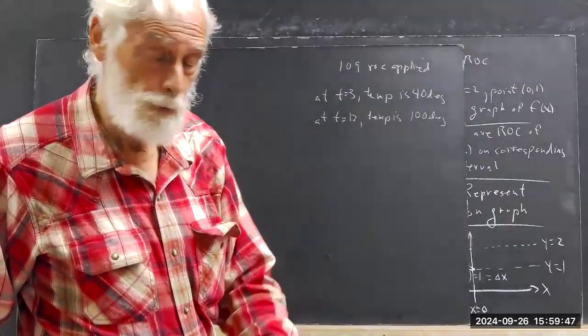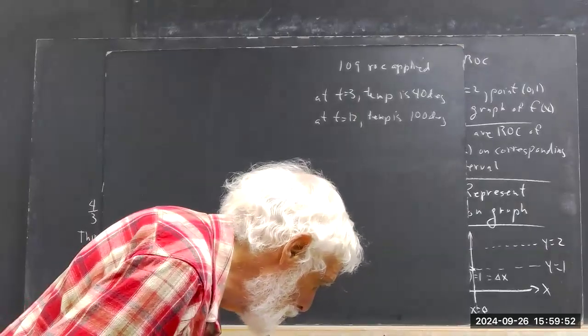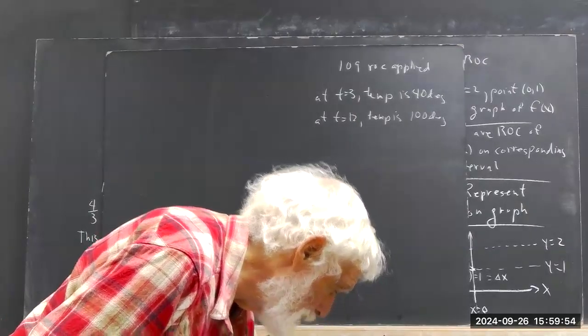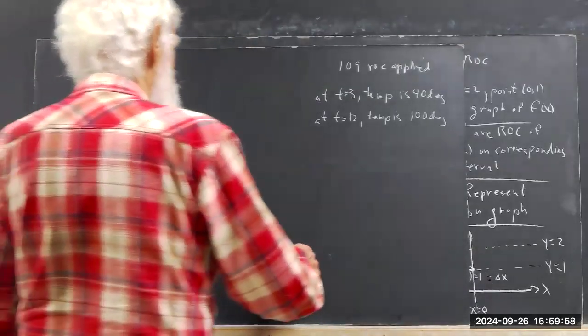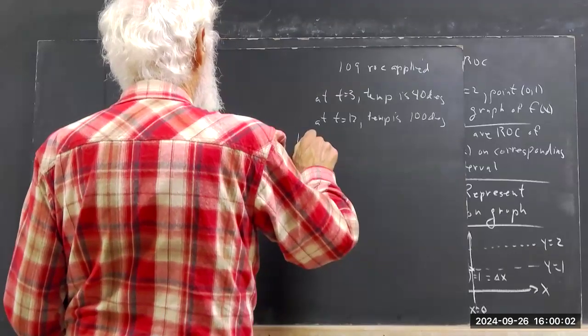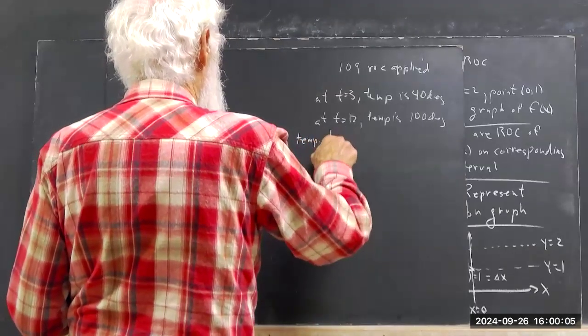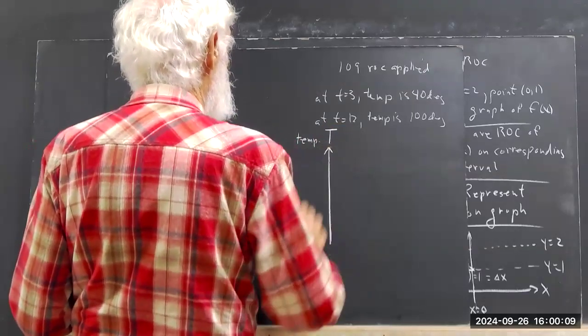But the thing I'm trying to condition you to do is put the information on the graph. So I explicitly ask you to put the information on the graph. So we have a graph here. Now it's common to use capital and lowercase letters as different variables.